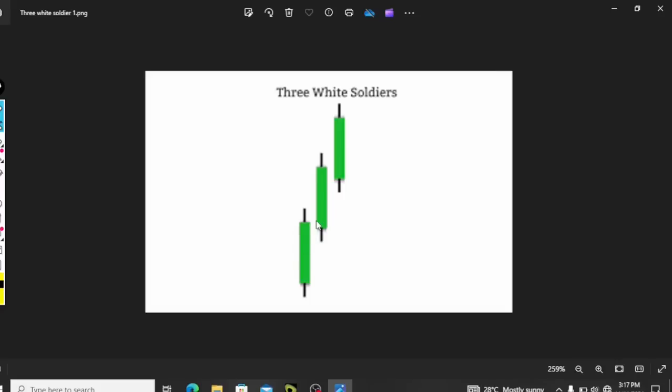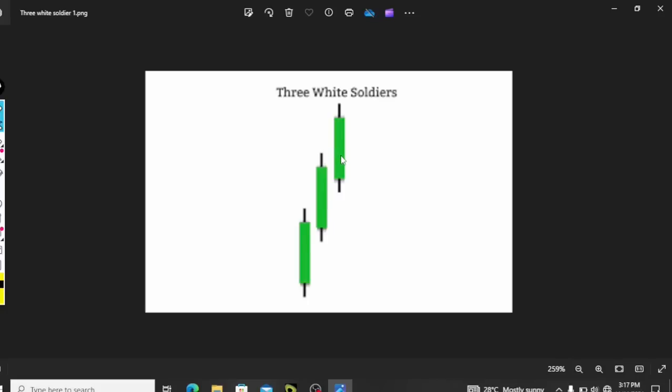We see them as three wise men. So these three soldiers are actually three strong bullish candles concurrently following each other. So we call it three white soldiers.